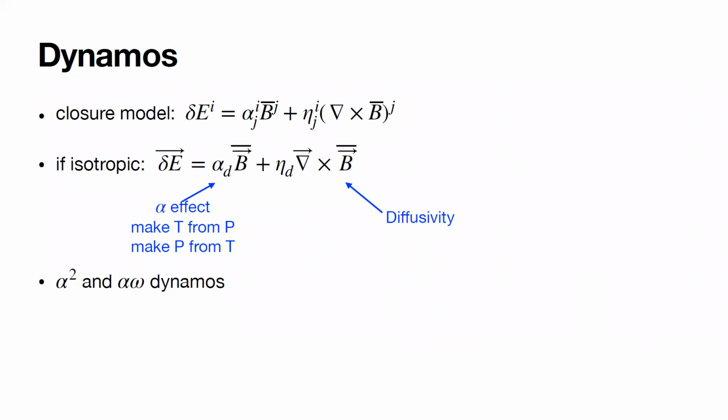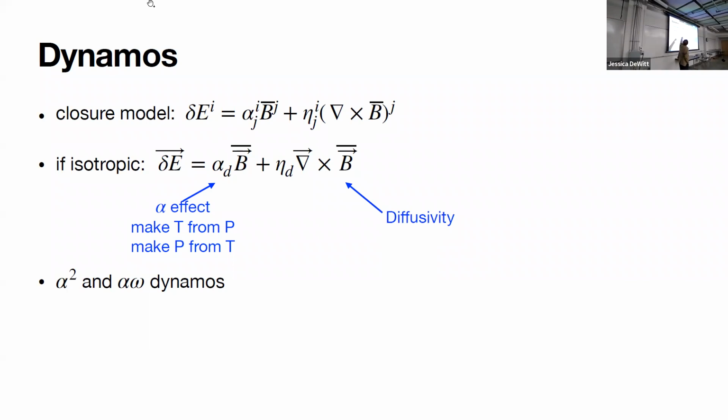So for instance, with this alpha d term, you can't just throw in a scalar. You can't just say it's proportional to rho, because E is a polar vector and B is an axial vector. I had to use Levi-Civita to take my two-form and make it into a vector, so they behave oppositely under orientation reversals.